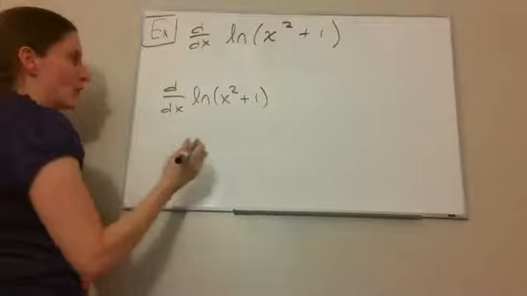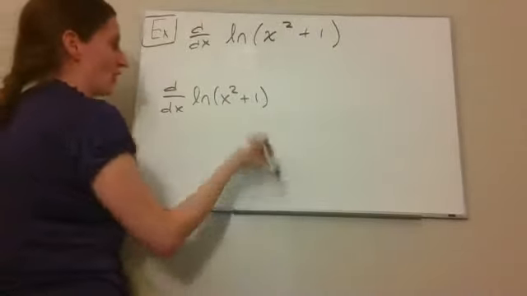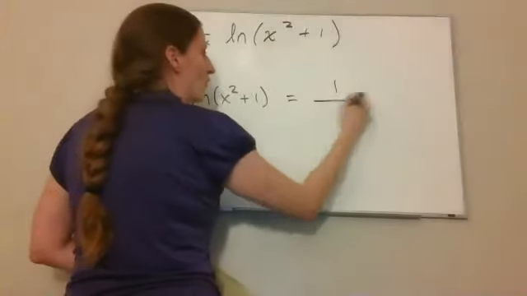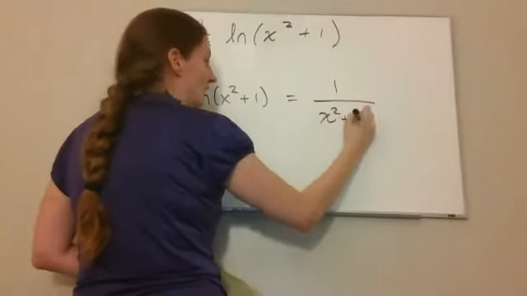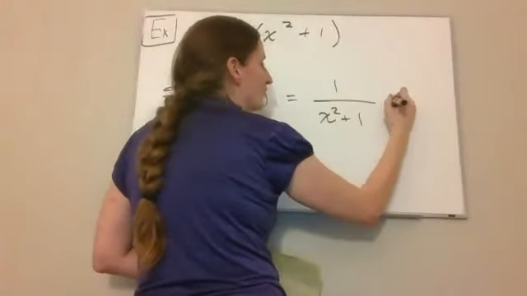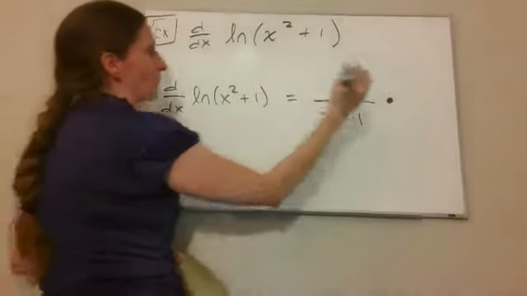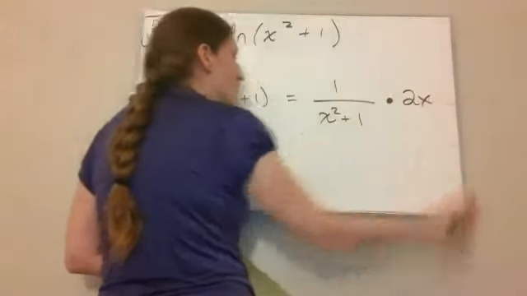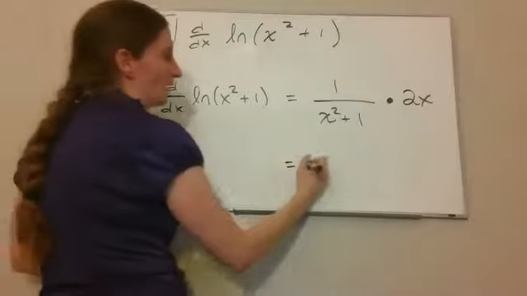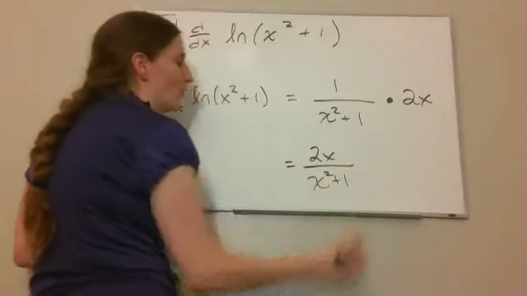The derivative of natural log of x is 1 over x. So the derivative of natural log of something, we're going to have a 1 over that something. And then I need to multiply by the derivative of the inside function, which derivative of x squared plus 1 just gets me 2x. So rewritten, this is 2x over x squared plus 1.